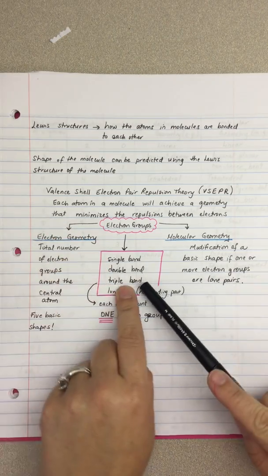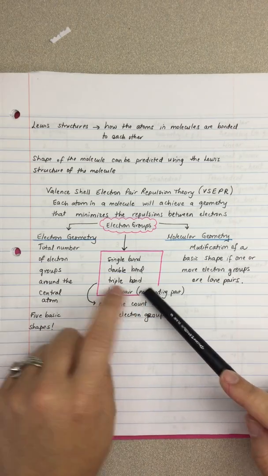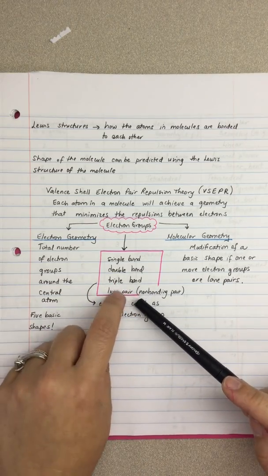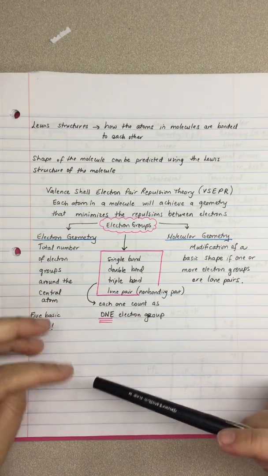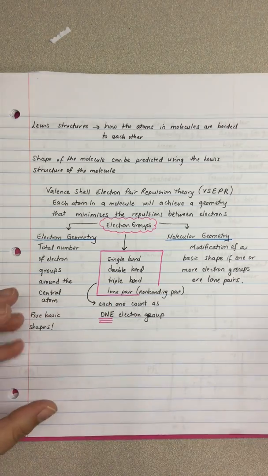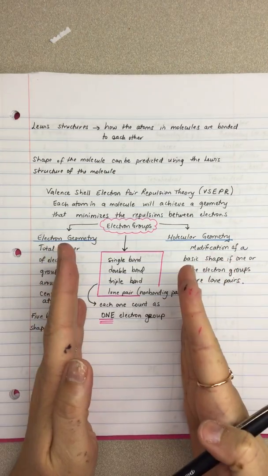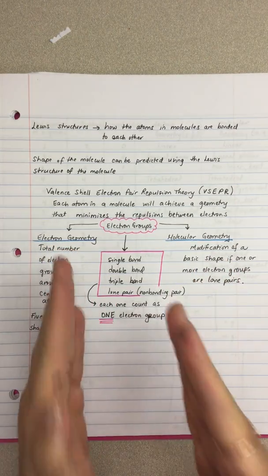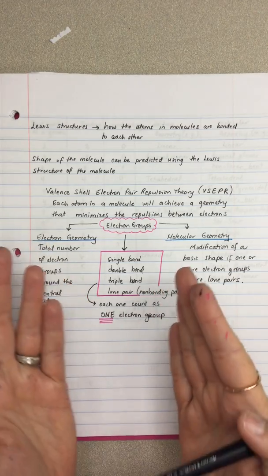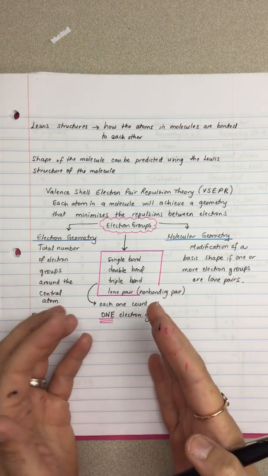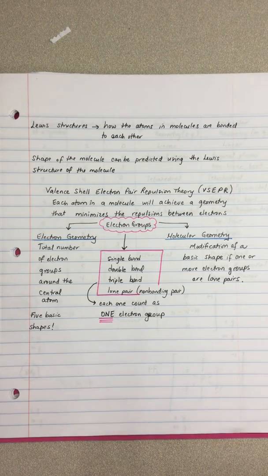So even if you have a triple bond, that triple bond is still counted as just one electron group, not three. Your triple bond is shared between two atoms in your Lewis structure, in the same space between those two specific atoms, so it's counted as just one electron group.